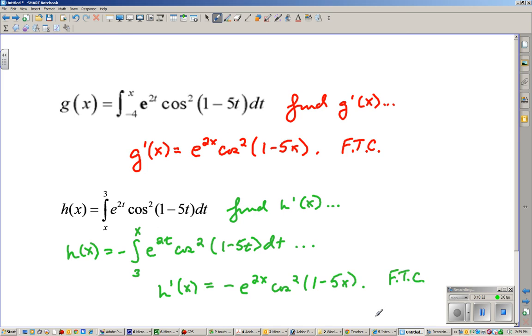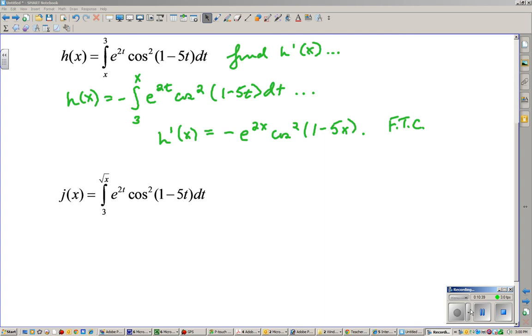So let's look at yet another example, another related example. So this final example is much like the previous two. I haven't changed the integrand. All I've done is messed around with the limits. So this time I don't have it from 3 to x.